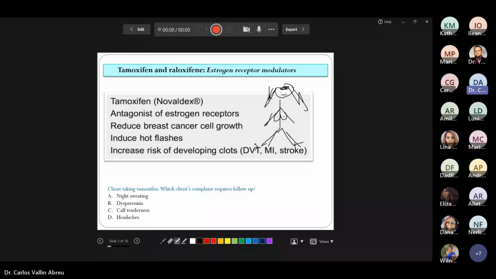There are medications that stimulate the estrogen receptors in some part of the body, but block estrogen receptors in other parts of the body.